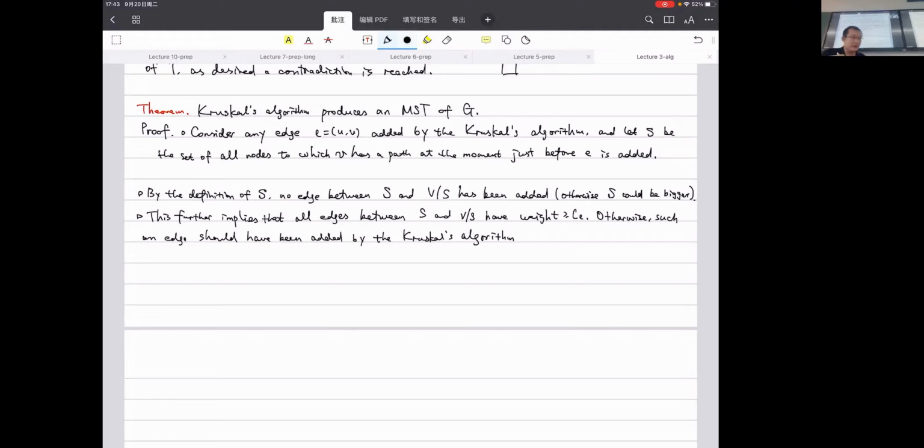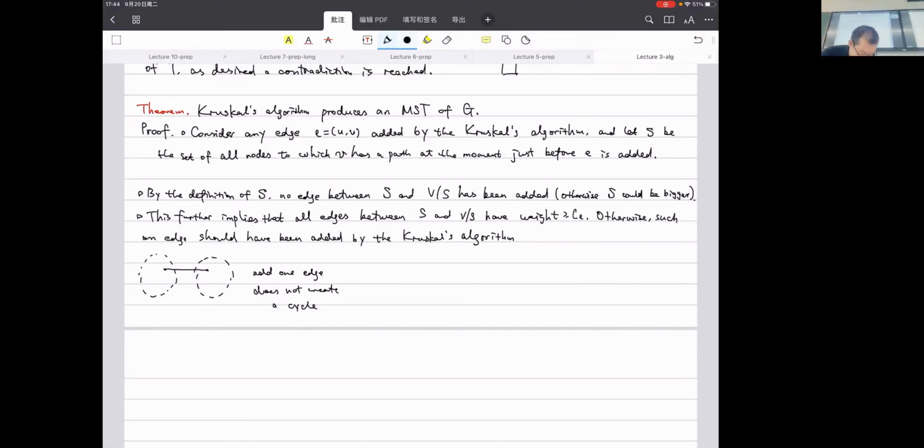We are talking about two sets, S and V over S. They currently don't have any edges between them. Adding one edge does not create a cycle, since both ends of the added edge are not even connected in the current graph. Such an edge does not create any cycle.